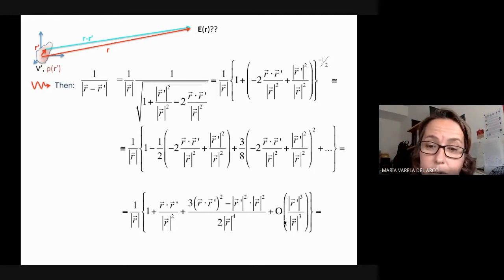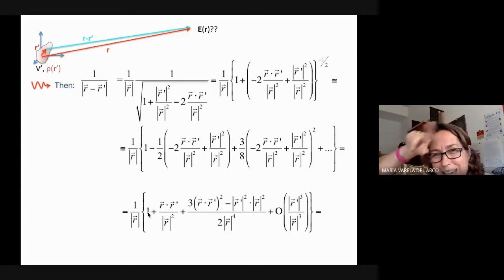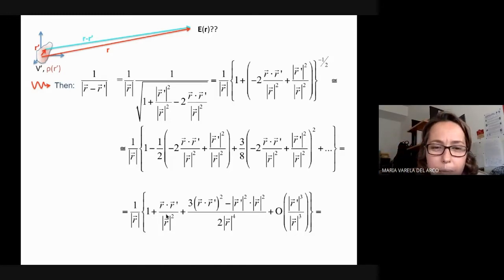And then I'll have things of the order of r prime to the cube over r cube. But again, this is already going to be much tinier than this one. I'm going to cut there. So I have here a term that goes like r prime over r to the 0 exponent, so it's 0 power, that's a 1, r prime squared over r squared. Okay, so this is a little bit of the terms that I'm getting with my expansion.